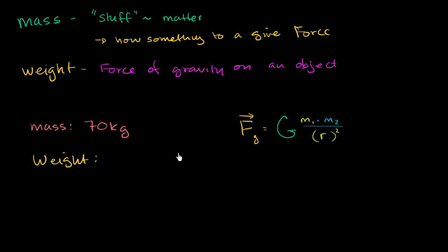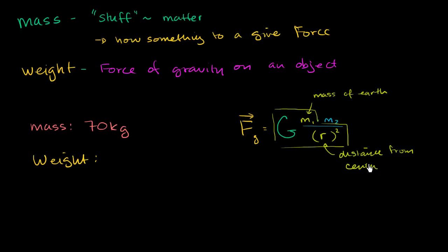And if you're on Earth, and you take all of this stuff combined, so if you say that this is the mass of Earth, and this is the distance from the center to the surface of Earth, because that's where I'm sitting right now, then all of this stuff simplifies to what's sometimes called lowercase g.